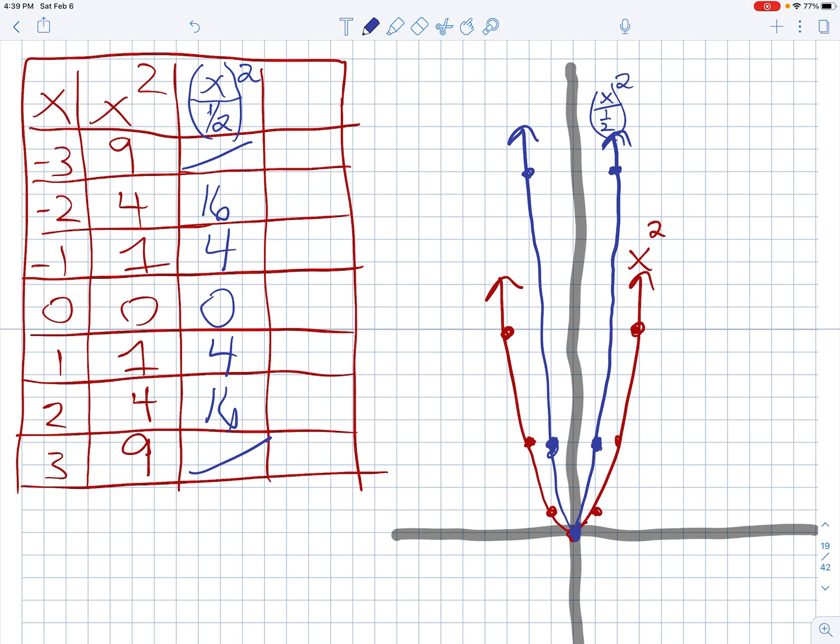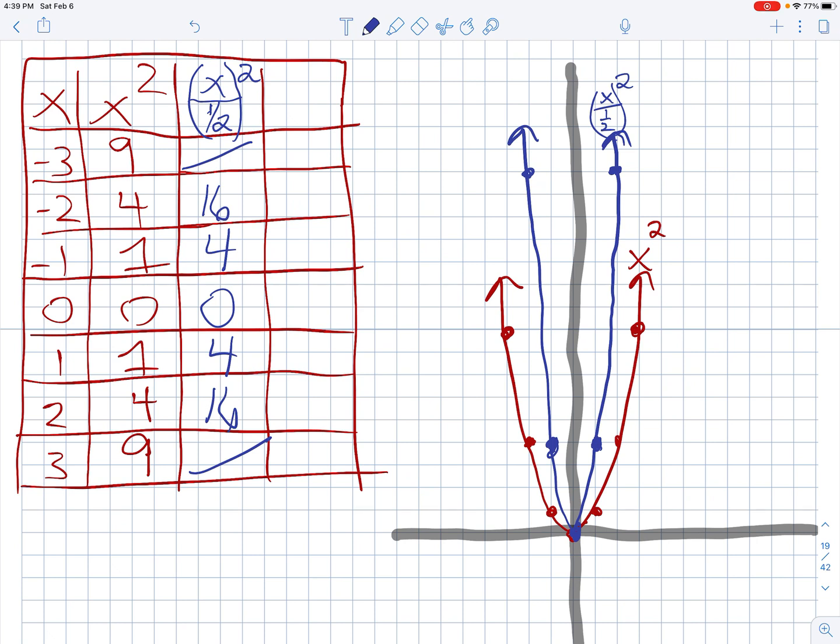Same thing on the other side: (-1, 4) is closer to the y-axis than its respective point (-2, 4).